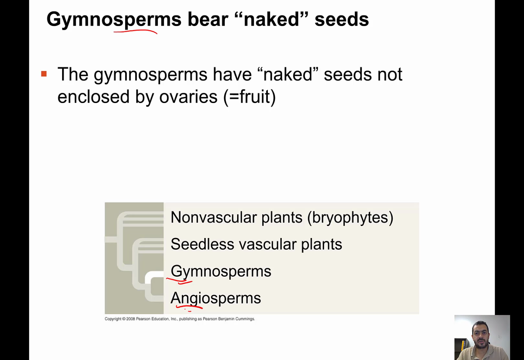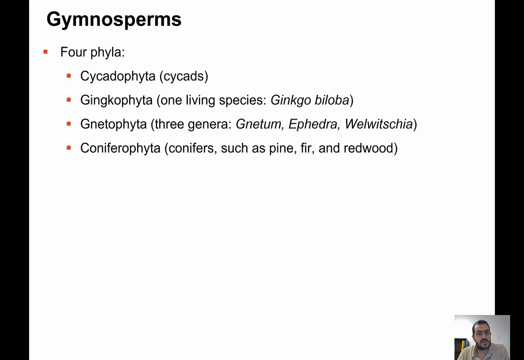In Angiosperms, the seeds are enclosed by ovaries, which will develop into the fruits, but in Gymnosperms we don't have that, so we call Gymnosperms characterized by naked seeds.